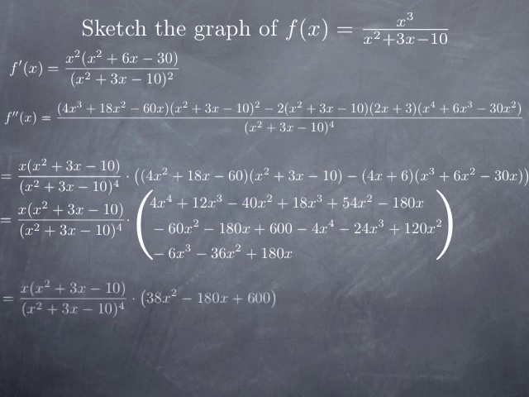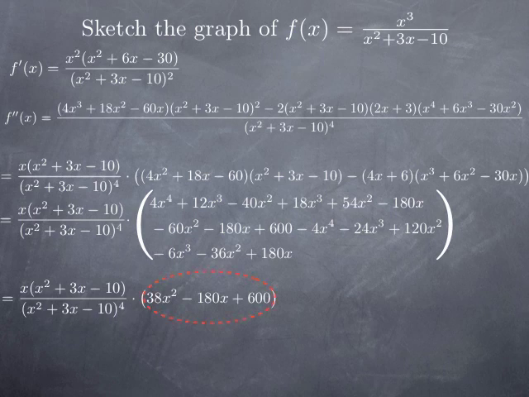And overall, after simplification, we get this x times x squared plus 3x minus 10 multiplied by 30x squared minus 180x plus 600, all this over x squared plus 3x minus 10 to the fourth. Okay, so that's a simplified factored expression for the second derivative.